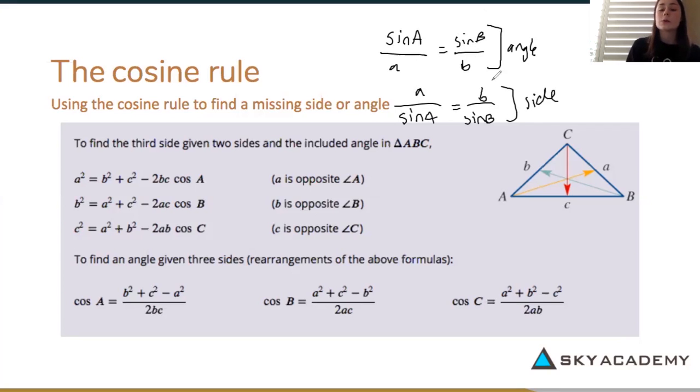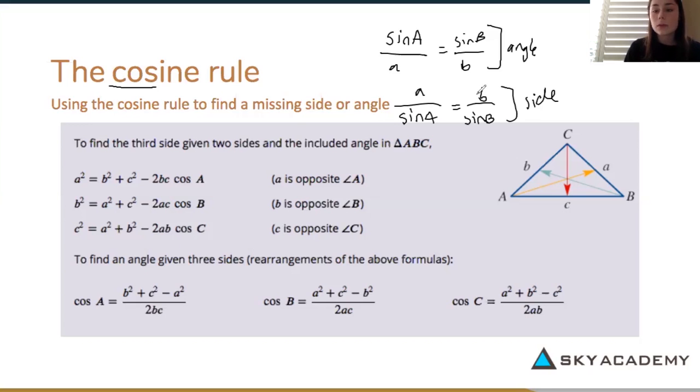This is called the sine rule because we are using sine. In the cosine rule, it's called the cosine rule because we are using cos. So that's one difference between the cosine rule and the sine rule.